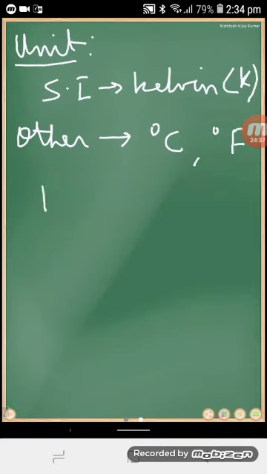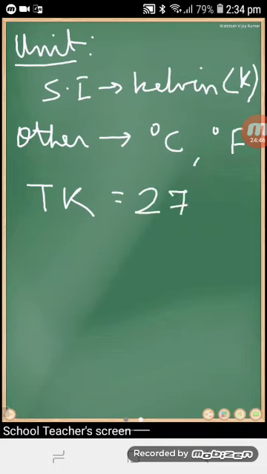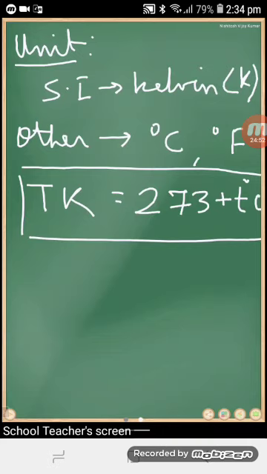If the temperature is in degrees centigrade and we have to change it to Kelvin, this is the relationship: temperature in Kelvin is equal to 273 plus T degree centigrade.